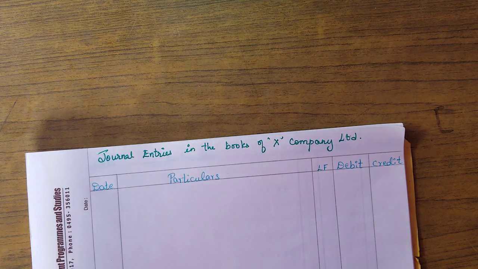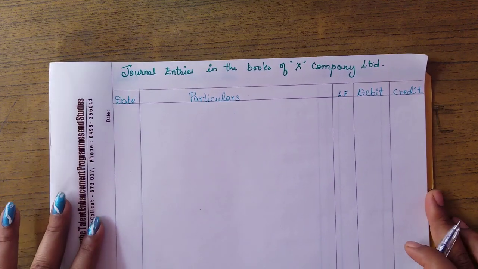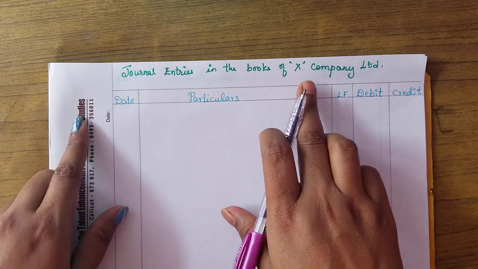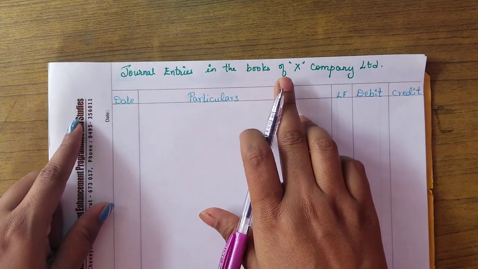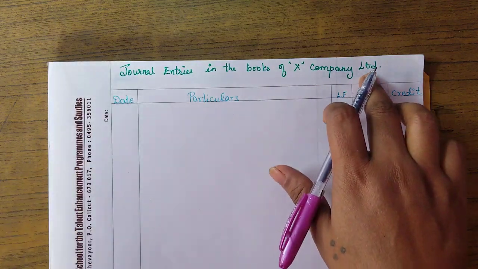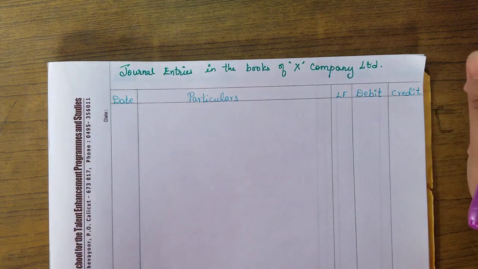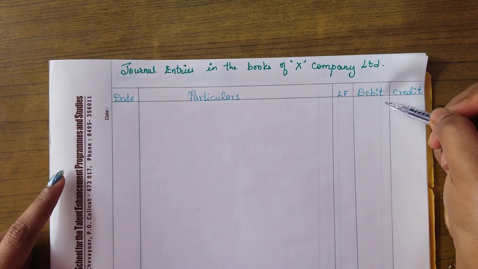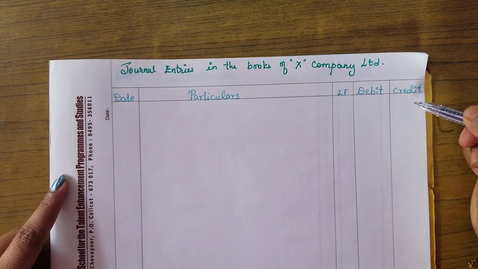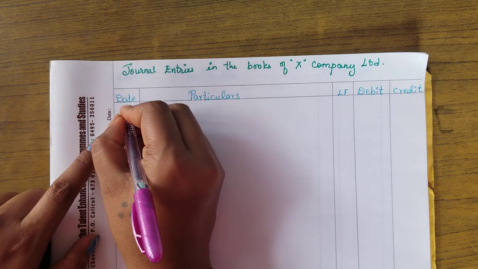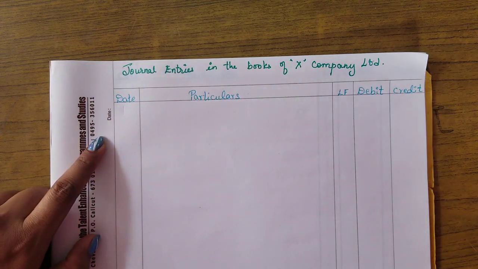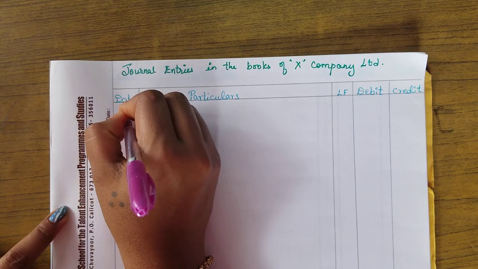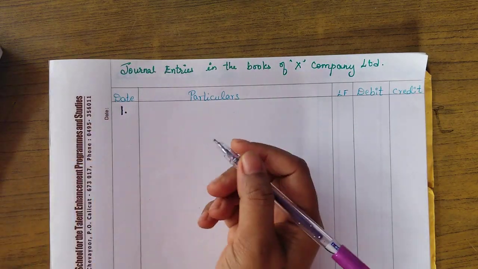Okay, so this is the format: journal entries in the books of X Company Limited. We need to pass the journal entries in the books of X Company Limited, with date, particulars, ledger folio, debit and credit. The first entry belongs to the application stage, where we will be receiving the application money.